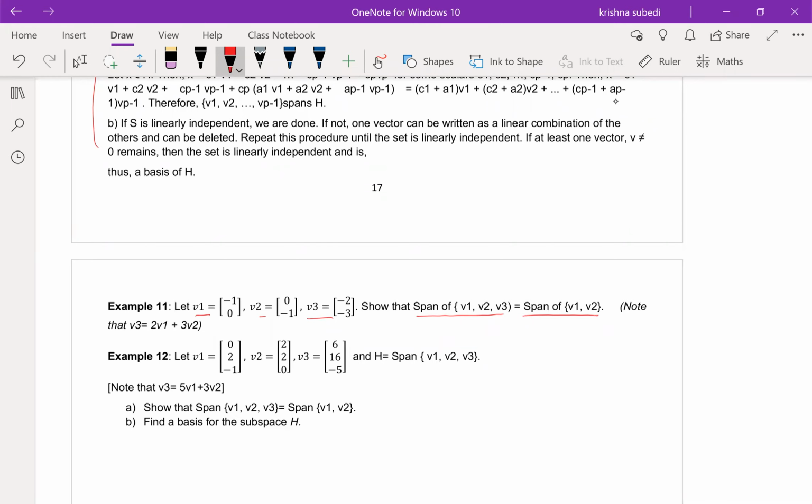Note that this is given. Example 11 and 12 are similar. Maybe let's do example 11 first. All right, then what we can do here is I'll do this example 11.